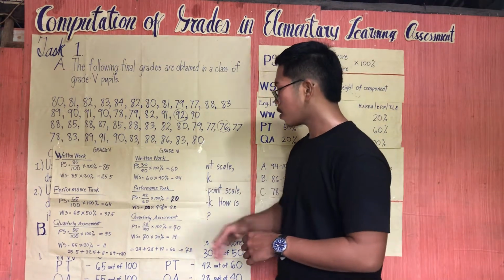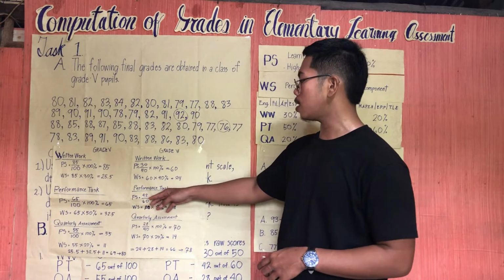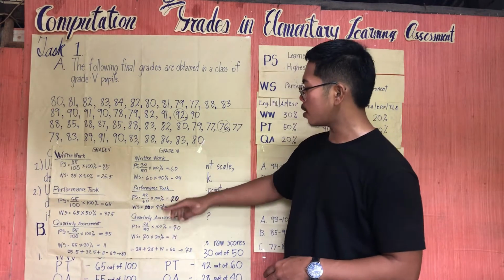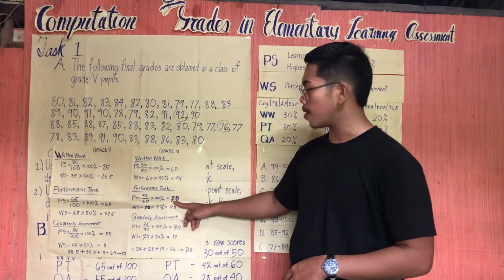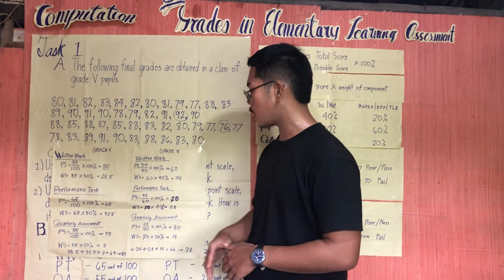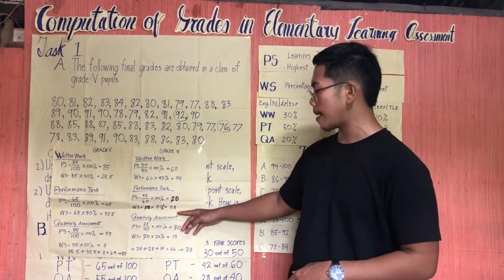For the performance task, percentage score is equal to 42 over 60 multiplied by 100% is equal to 70. And now since we got the 70, we use it to find the weighted score. 70 times 40% is equal to 28.